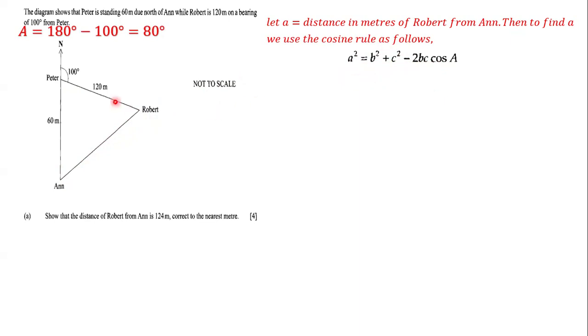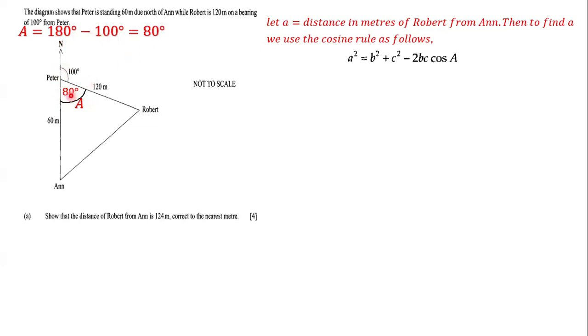Before we get into that, we're gonna figure out what is this missing angle. Now we know that angles on a straight line at a common point add up to 180 degrees. So if this is 100, then this angle right here is 80 degrees, and we're gonna call that capital A. So capital A is equal to 80 degrees, and we got that because 180 minus 100 gives us 80.